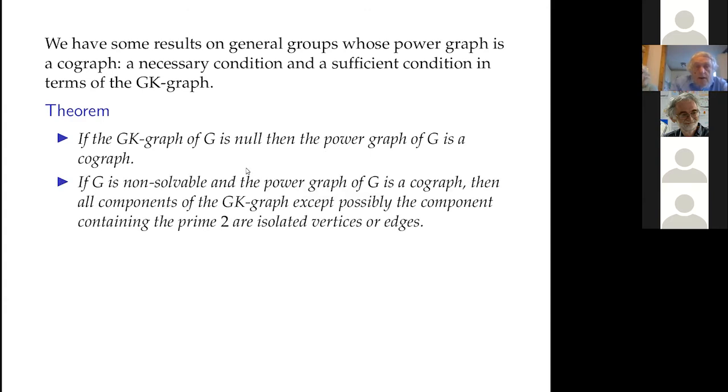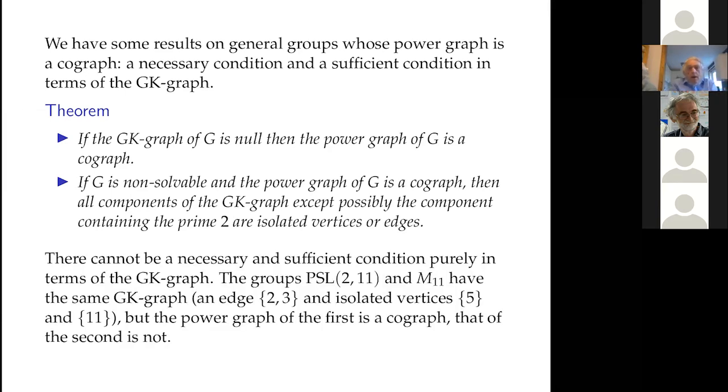And if G is non-solvable and the power graph is a cograph, then all components of the Gruenberg-Kegel graph, except possibly the component containing prime 2, are isolated vertices or edges, so contain either 1 or 2 vertices. So these conditions aren't the same, but having power graph a cograph is sandwiched somewhere between them.